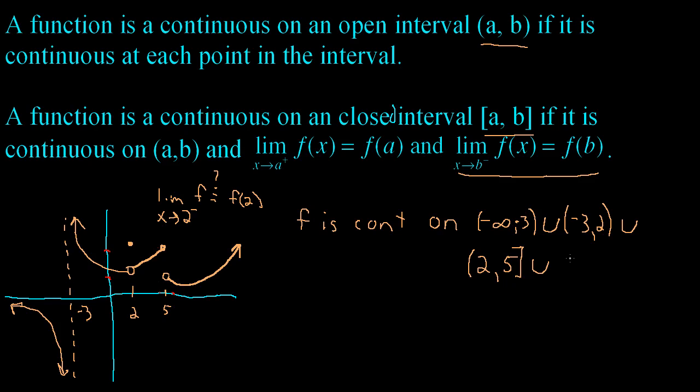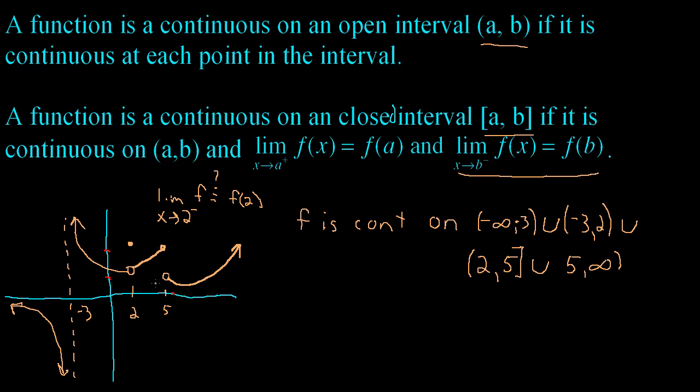We jump to the other side. Same question: can I include 5 in my discussion of continuity on the interval 5 to infinity? I included it here, but can I include it here?